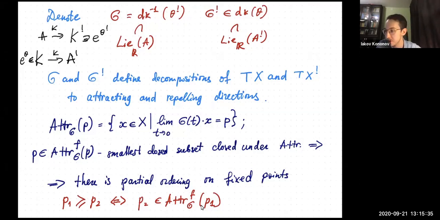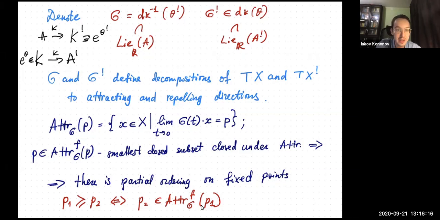It is an isomorphism between the Lie algebra of A and the second cohomology with coefficients in R. So we can take the pre-image of theta. It defines some element of the Lie algebra of A, some sigma. Similarly, we construct sigma factorial for the dual variety, and they define decompositions of the tangent spaces to X and X factorial into attracting and repelling directions. This depends on the chamber to which sigma and sigma factorial belong.